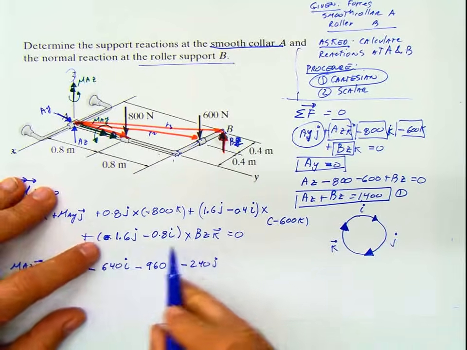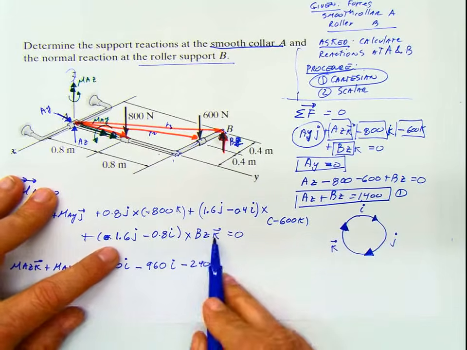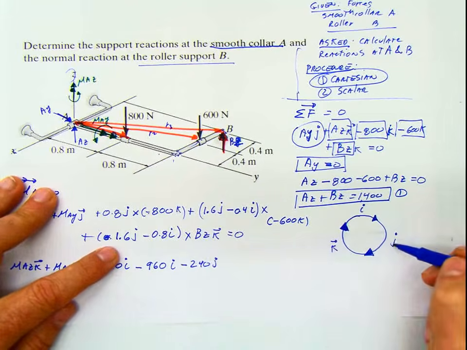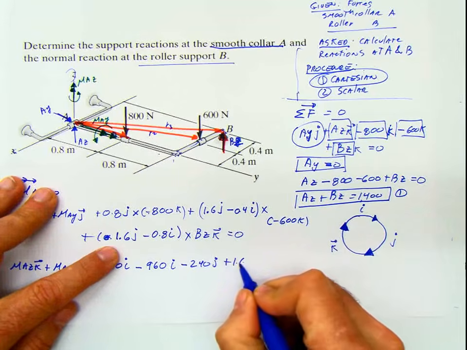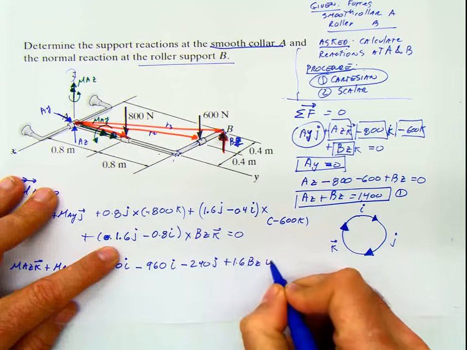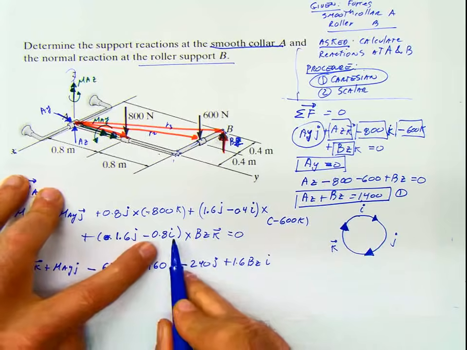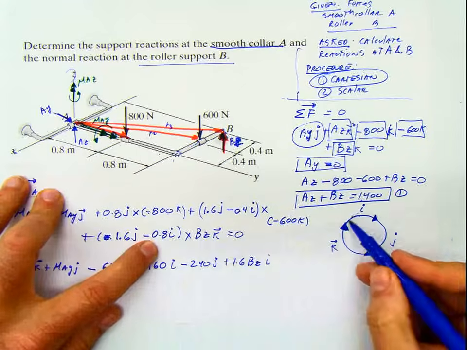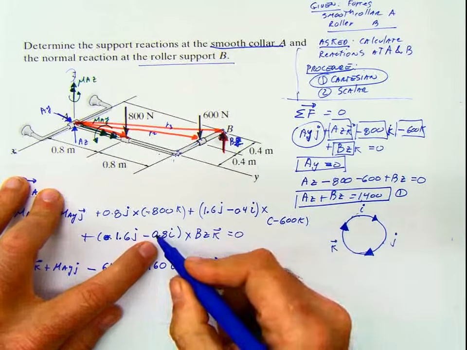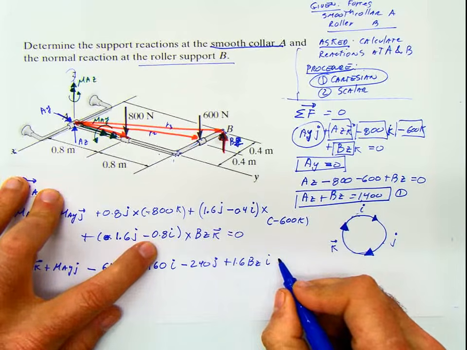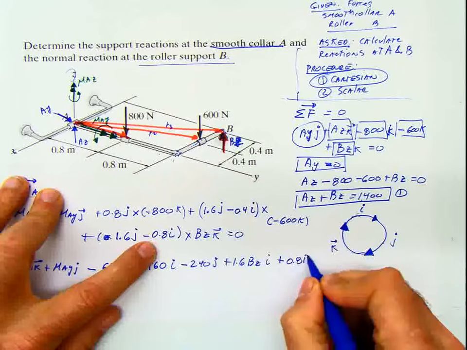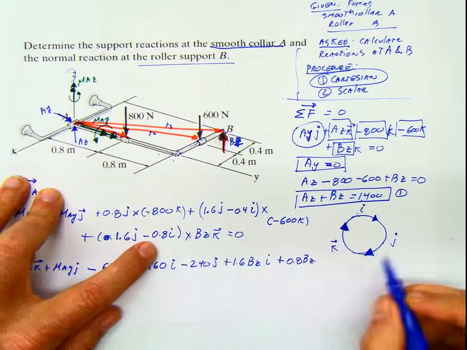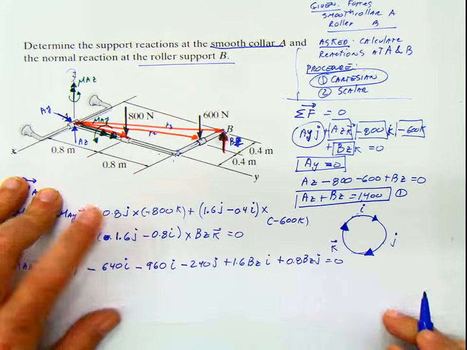Now keep going here. J cross K is positive I. So it's going to be plus 1.6 BZ I, and I cross K is negative J, but I have a negative sign here, so it's going to be plus 0.8 BZ J equals 0.